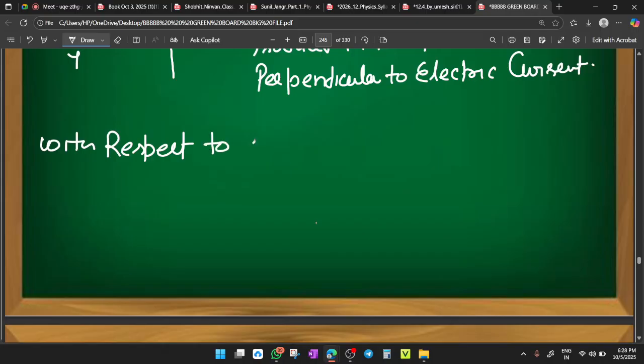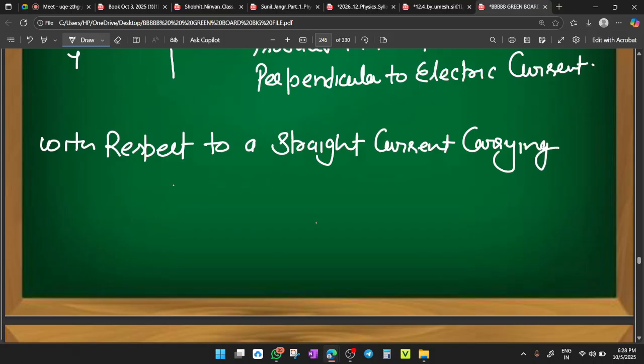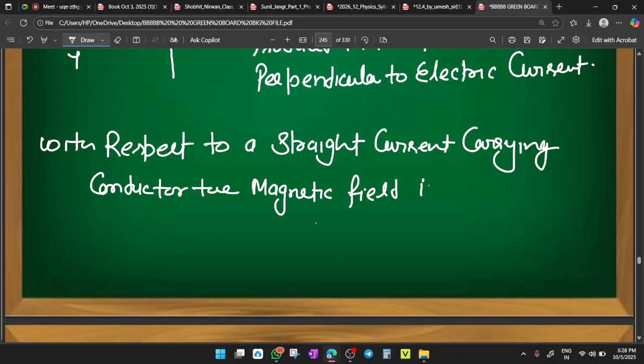With respect to a straight current carrying conductor, the magnetic field is in the form of concentric circles.